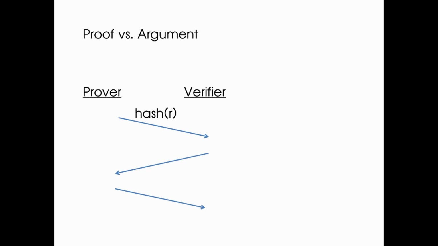So if the prover has unbounded computational resources, then obviously he would be able to open the hash function to a different value, and that's going to break the soundness property. So in this case, the zero-knowledge protocol has a soundness property that assumes that the prover cannot break or invert the hash function. And those kind of zero-knowledge protocols are called arguments. They're not called proofs. They're called arguments because the soundness property relies on the fact that the prover is computationally bounded.